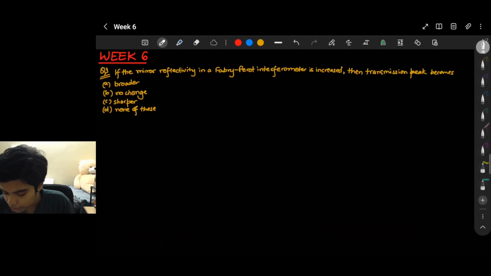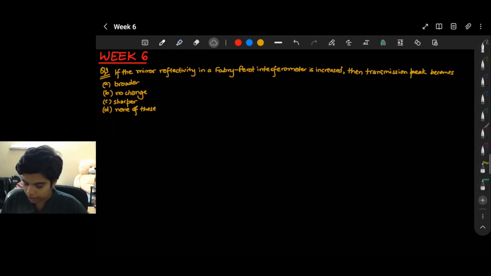So this very first question is on the Fabry-Perot interferometer. It says, if the mirror reflectivity in a Fabry-Perot interferometer is increased, then the transmission peak becomes A, broader, B, no change, C, sharper, or D, none of these.